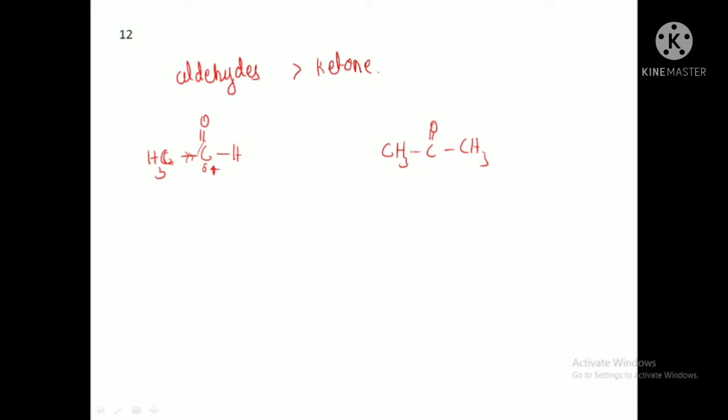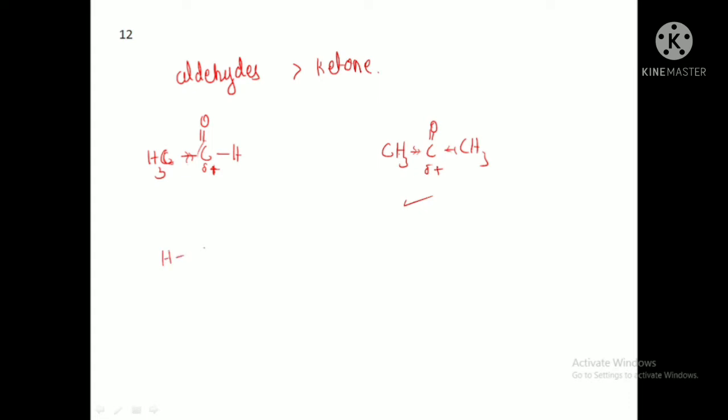But in case of ketone, there are two CH3 groups, so the partial positive charge will be still less on this carbon atom, because both these groups are donating electrons. That means they are stabilizing this carbon atom, so it becomes less reactive. But here it contains only one electron donating group, so it can react easily.